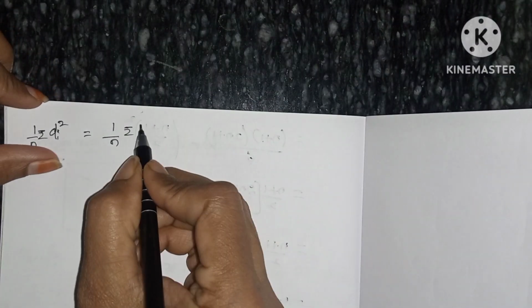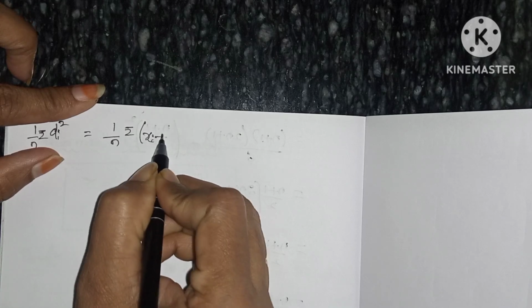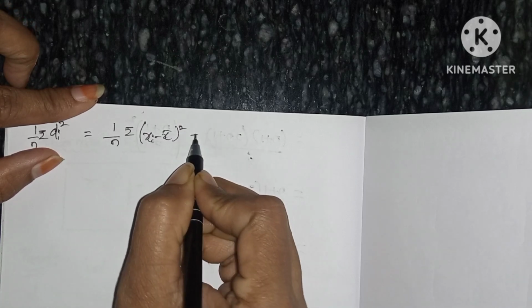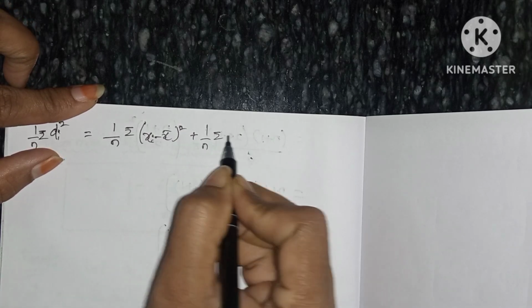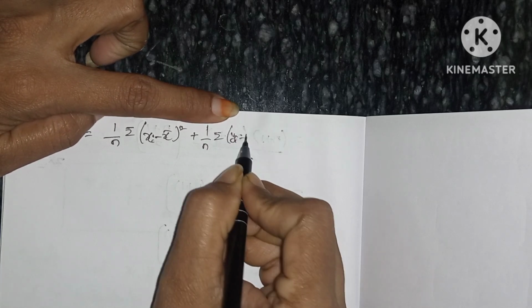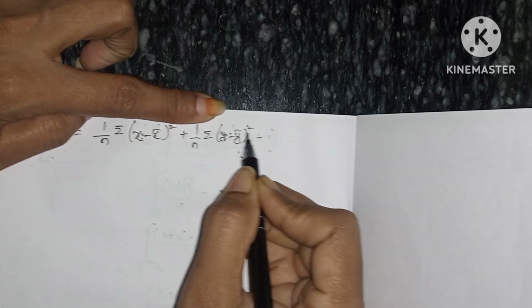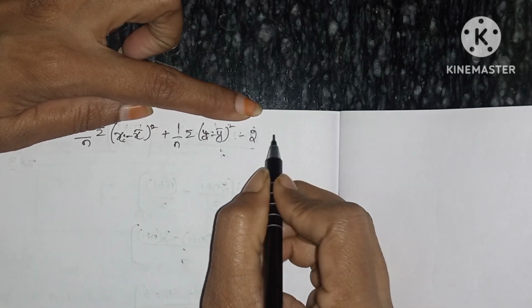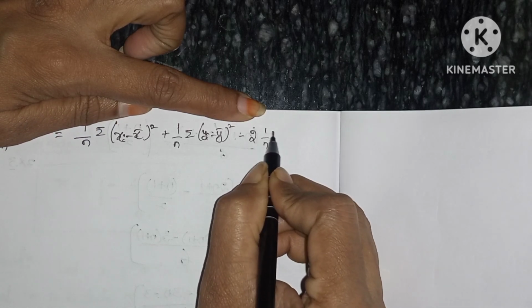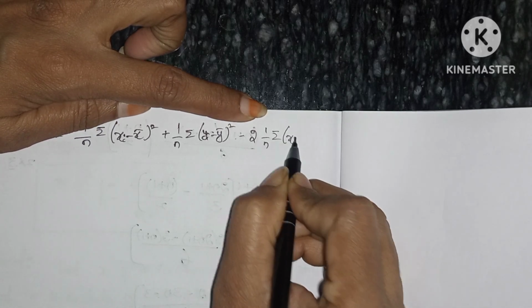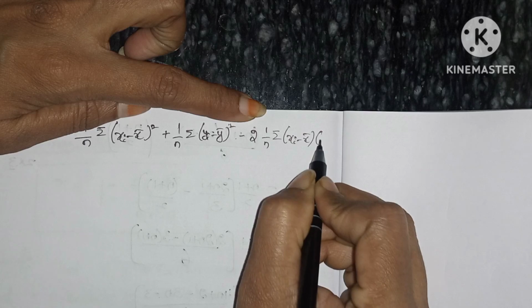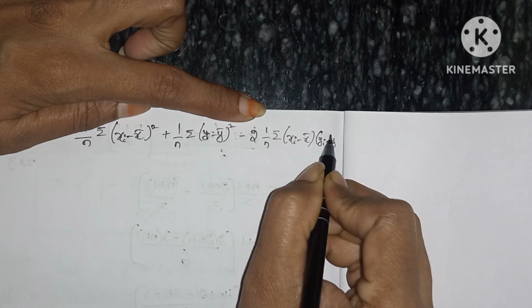Okay. So 1 by n summation xi minus x bar square plus 1 by n summation yi minus y bar square minus 2 into 1 by n summation xi minus x bar into yi minus y bar.